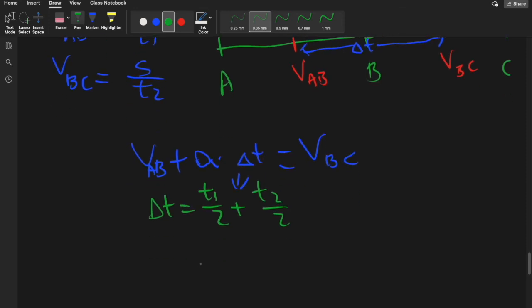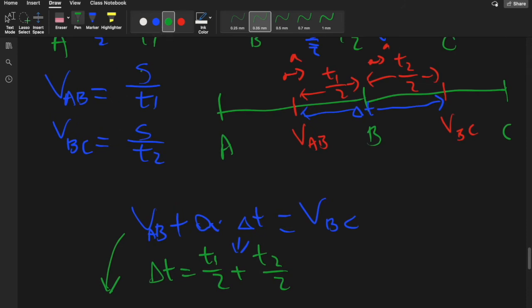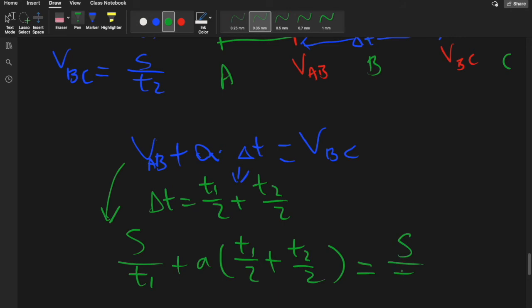Well, let me just rewrite this equation a little bit. So average velocity VAB, we can express in terms of S and T1. So S over T1 plus acceleration times (T1 over 2 plus T2 over 2) is equal to S over T2.